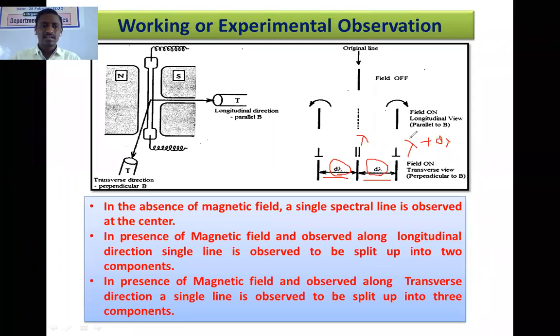Also, we can see how the Zeeman shift is affected, meaning which parameters or physical quantities affect the Zeeman shift. For that we have to see the expression for the Zeeman shift.